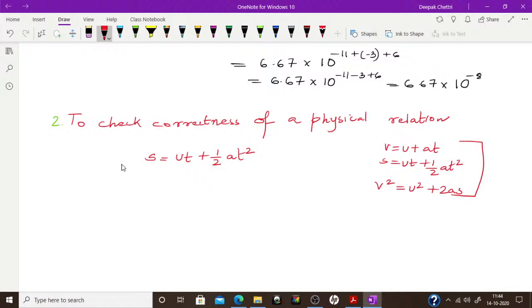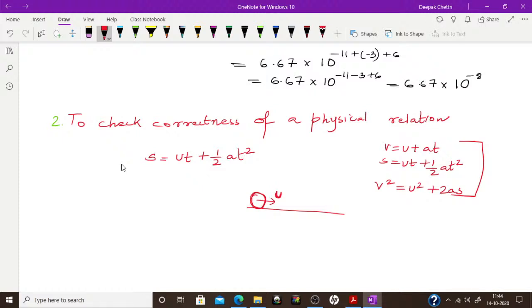Here what is S? S is your distance, u is your initial velocity, t is the time, a is the acceleration, and again t is time. So what is the meaning of this? Suppose there is an object moving, right, and it starts with initial velocity u. It starts moving with a velocity u, right?